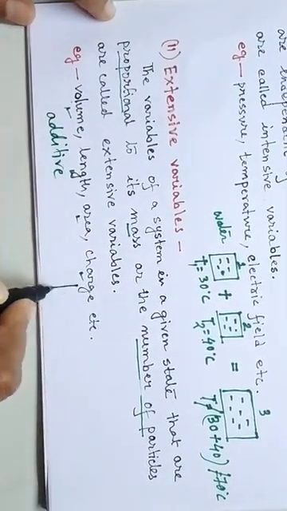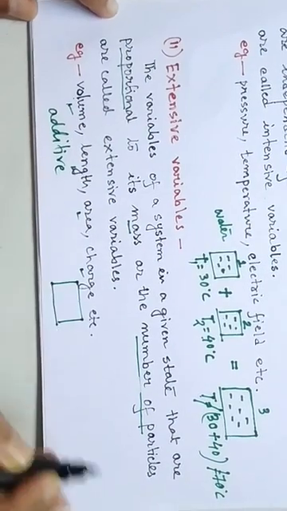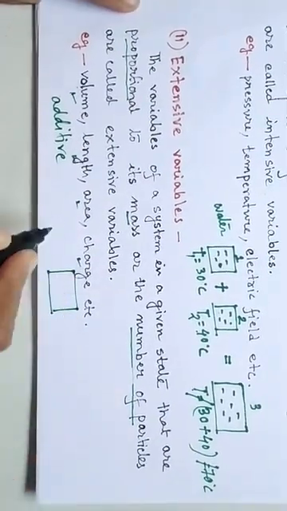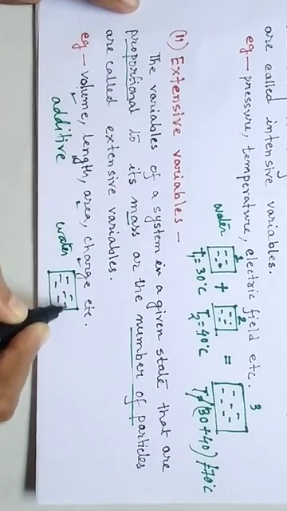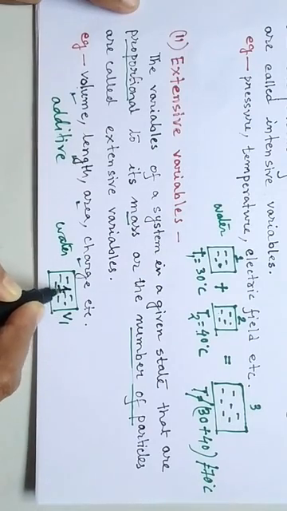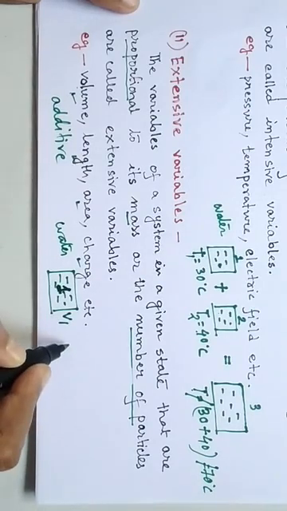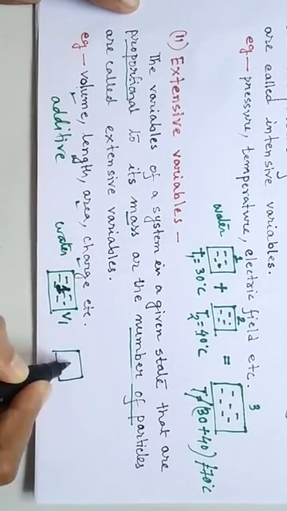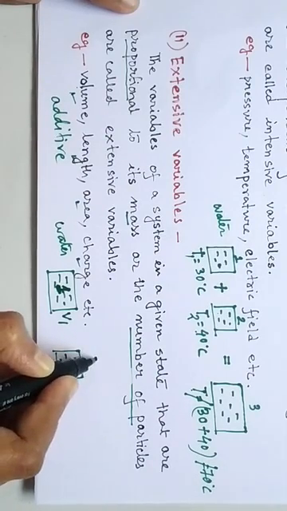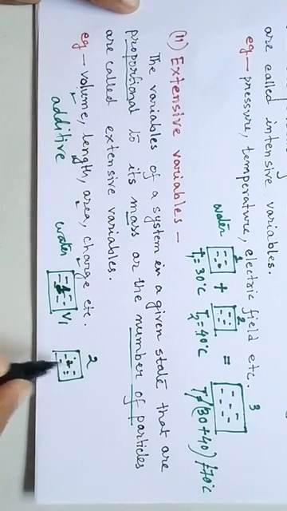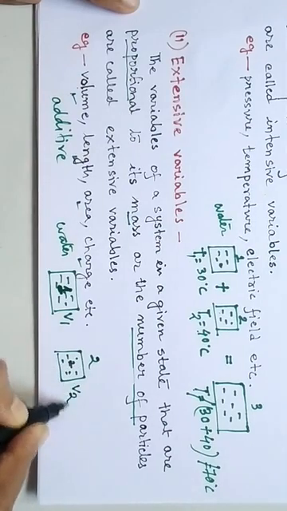Suppose we have water in a container and its volume is V1. It is forming the first system. Then we have another system, the second system, again water in a container, and its volume is V2.